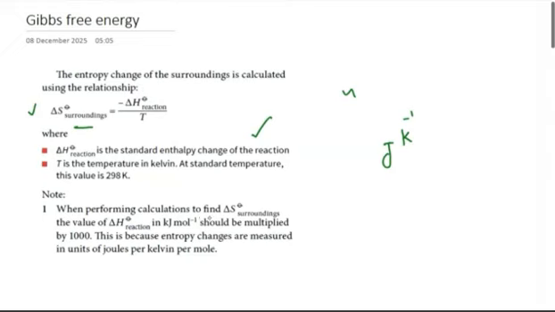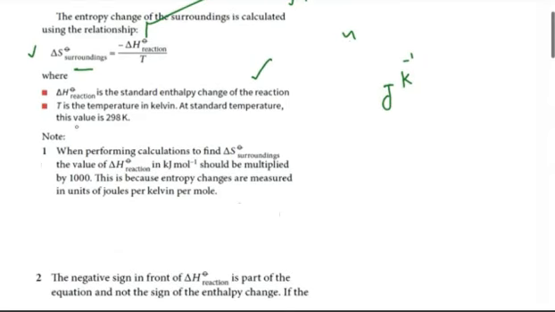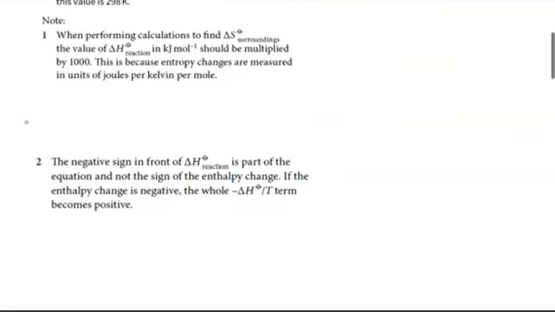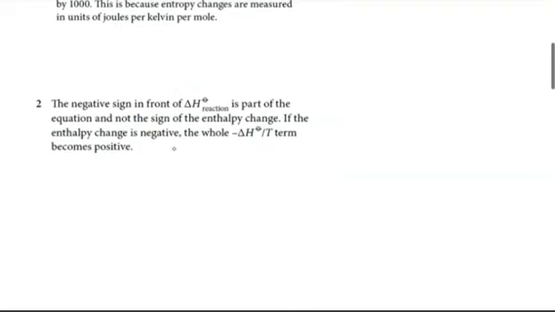So when performing the calculation to find delta S, the value of delta H of reaction is in kilojoules per mole. So we just need to change that sign of kilo, and in order to do this, we just multiply it by 1000. This is because entropy changes are measured in the units of joules per Kelvin per mole, right? The negative sign is part of the formula, part of the equation.